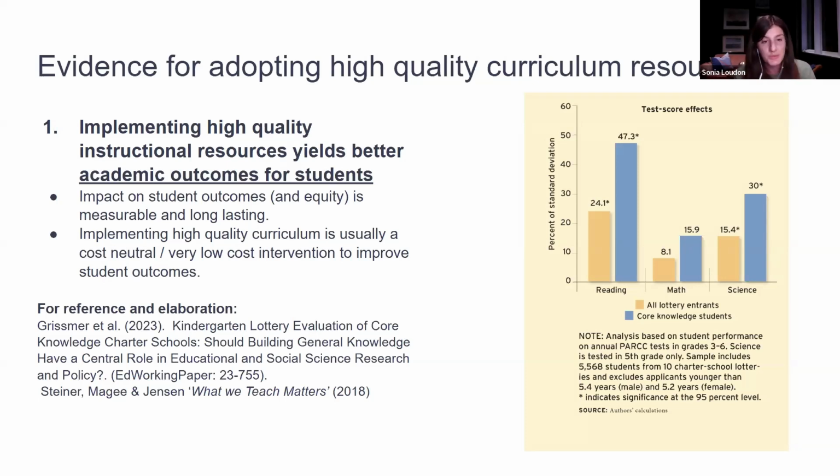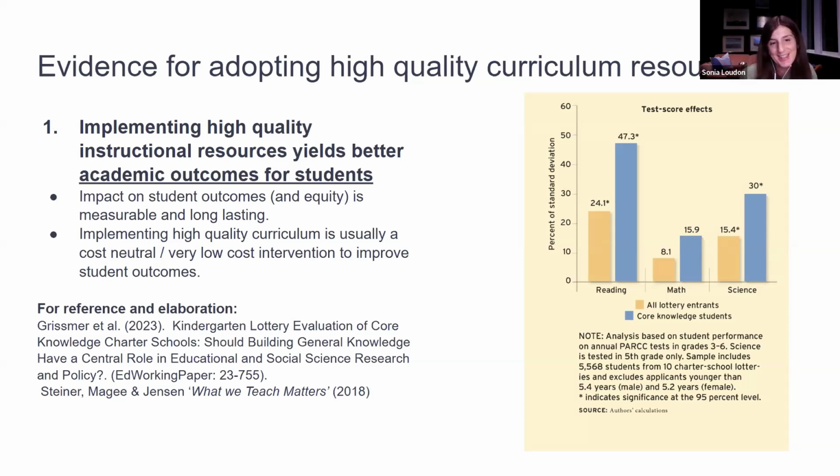Something else that was really interesting from this study is that the improvement or the yield of the high quality curriculum was actually enough to close achievement gaps between high income and low income students as well. So not only are high quality curriculum resources impactful, they can also address equity issues in our system.